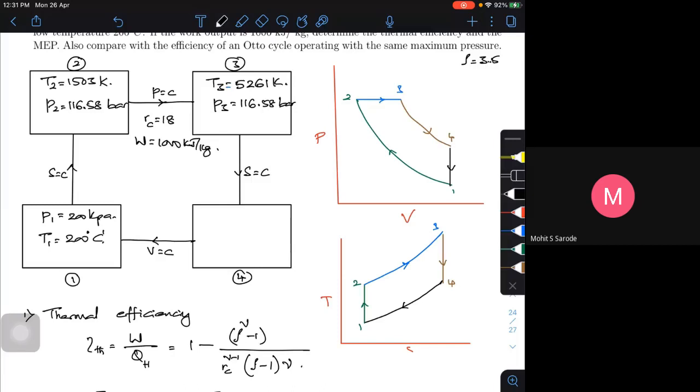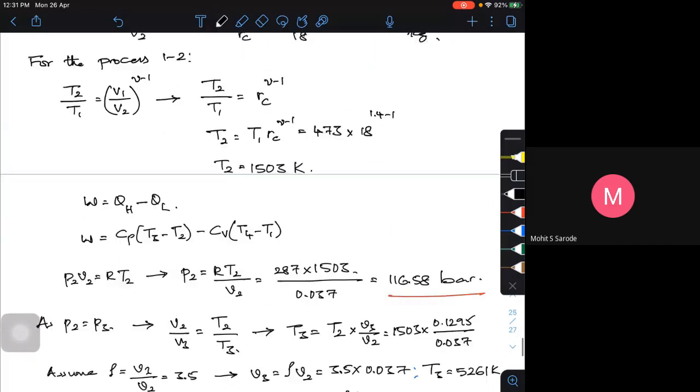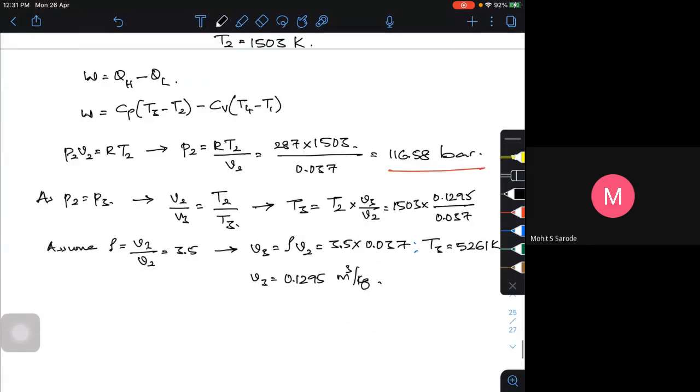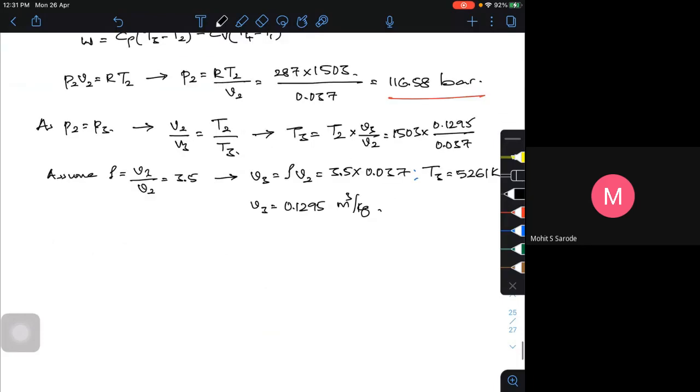So T3 I got, T2 I got. Now I can find the heat supplied. What is heat supplied? QH is equal to Cp into T3 minus T2. Cp is 1.005 into 10 to the power of 3, T3 is 5261 minus T2 which is 1503.